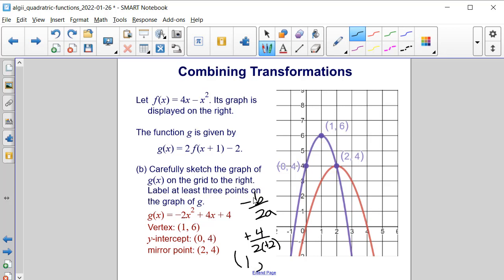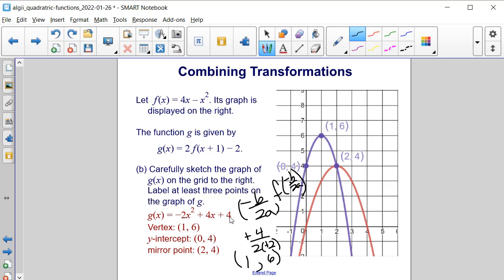That's going to be the x-coordinate of our vertex. And then we need to evaluate g of negative b over 2a to get our y-coordinate. So if we substitute 1 in here, 1 squared is 1 times negative 2 is negative 2. Negative 2 plus 4 is positive 2, plus 4 more is positive 6. That's how we get the vertex of (1, 6).